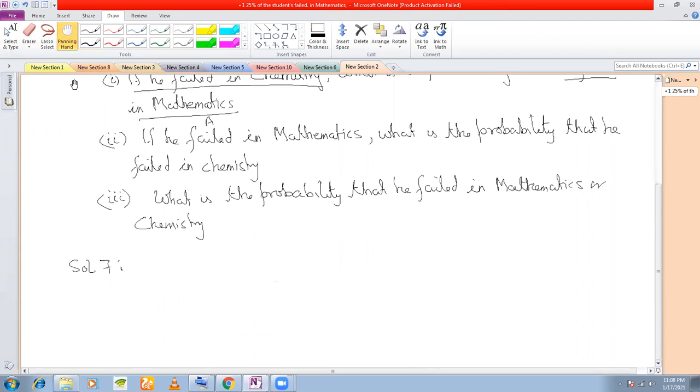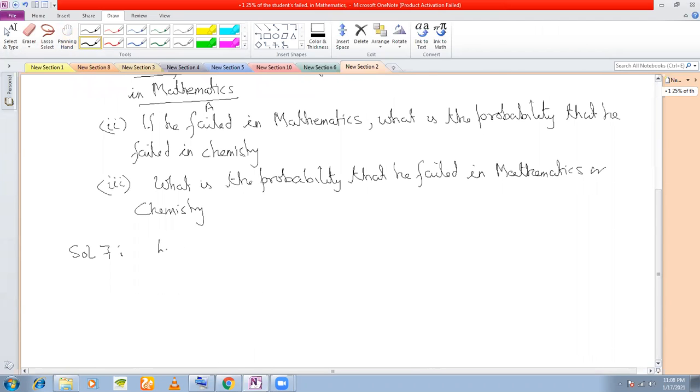So let us formulate the following events. You have to read the question very carefully in case of probability. Event A is student failed in mathematics.